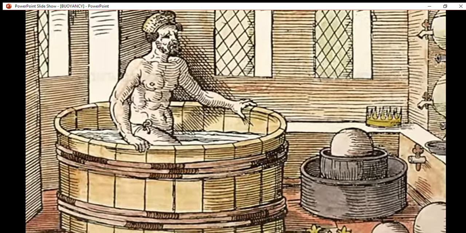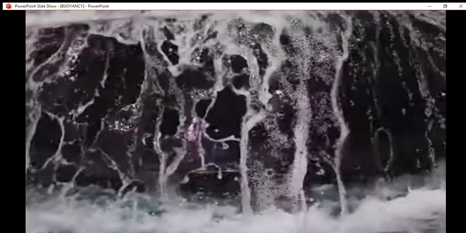It triggered something in his brain when the water overflowed while he immersed himself in it. He found the answer to the question he was puzzling over for a long time and started running in the streets shouting Eureka. When you hear the word Eureka, I hope that you all understood who the person is.